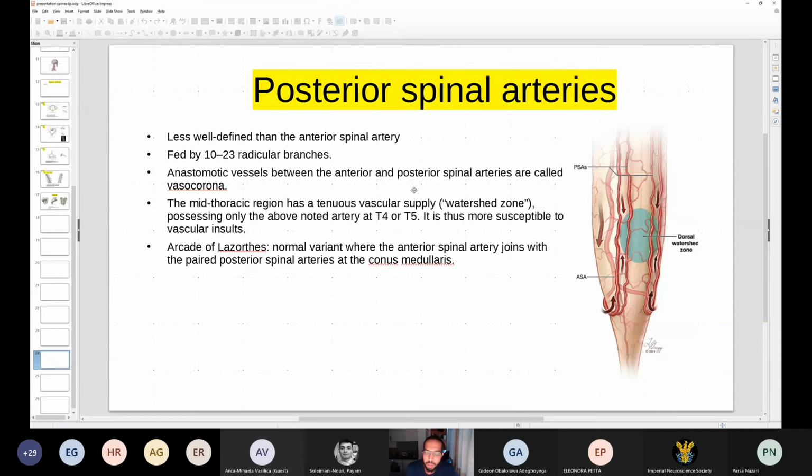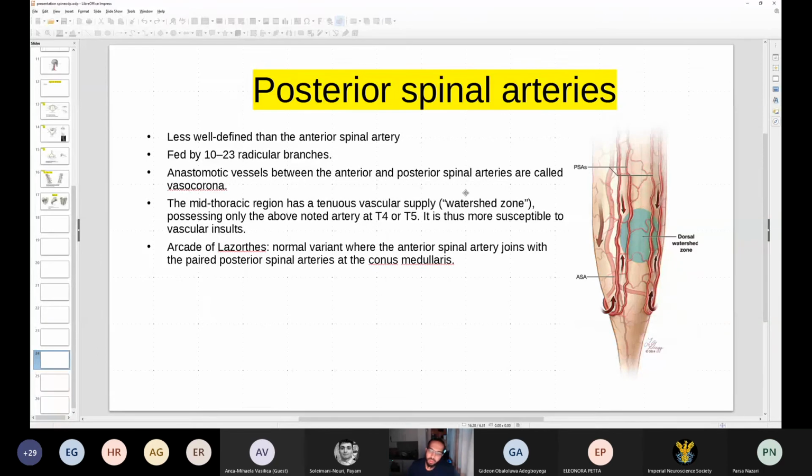So in case of hypotension and a vascular insult that affects the whole of the spinal cord, for example, hypotension or shock, the area that's most commonly affected, at least in theory, is the mid-thoracic region because it's a watershed zone, so it doesn't receive very good blood supply.